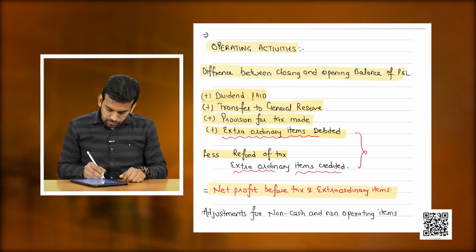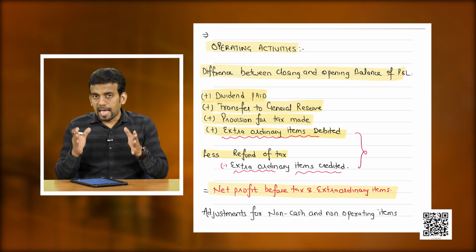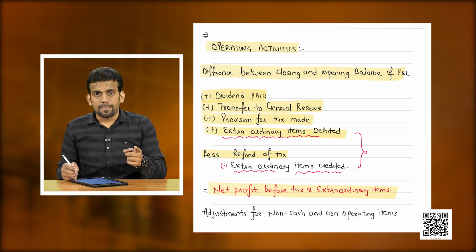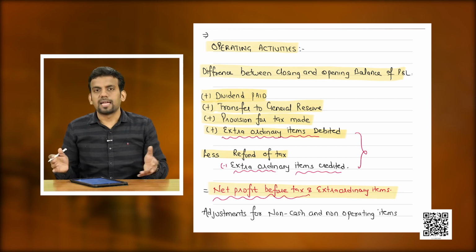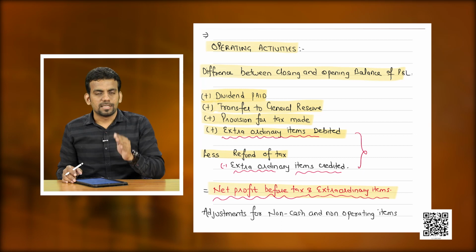So that should also be deducted while calculating cash flow from operating activities. So while calculating operating activities, the very first step is to calculate net profit before tax and extraordinary items. This is the first step you all must learn.